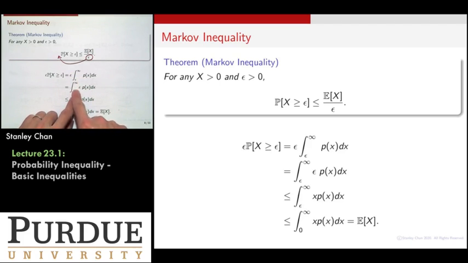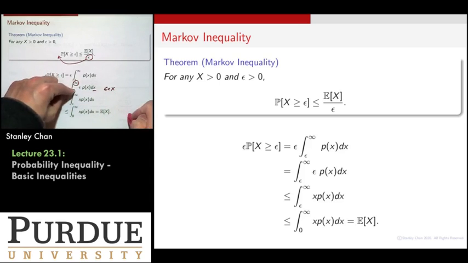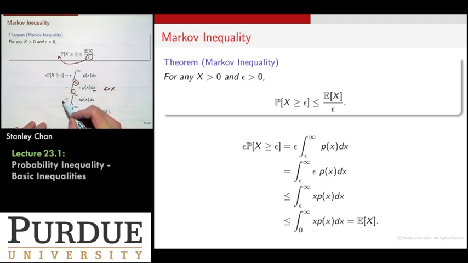Then you have the integration of epsilon times your density function. And this epsilon is, of course, less than any x that you're integrating, because you're integrating x from epsilon to plus infinity. So you have this less than or equal to with this x here.